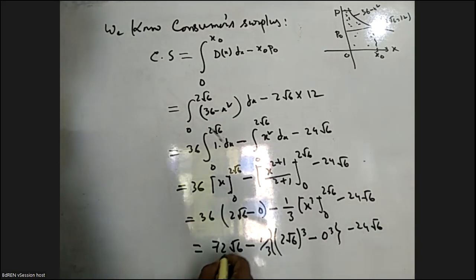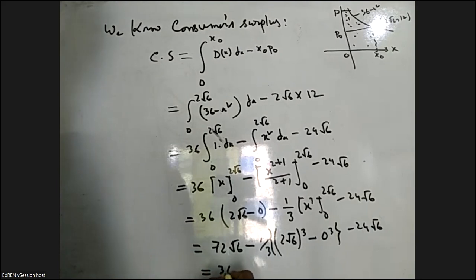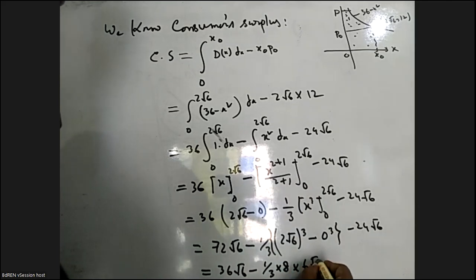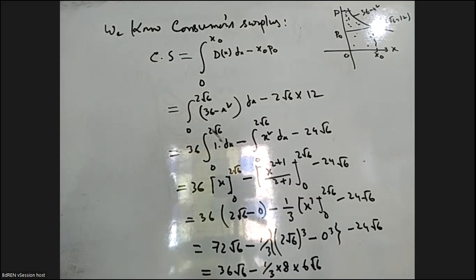From this, 2 cube means 8, multiplied by 8, root 6 whole cube means 6 root 6. So 6 and 3 will be cut by 2, so 8 is 16.